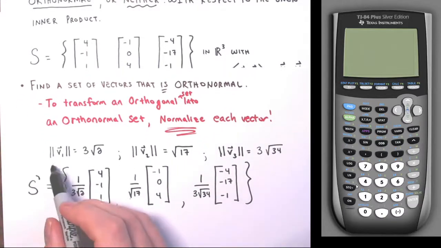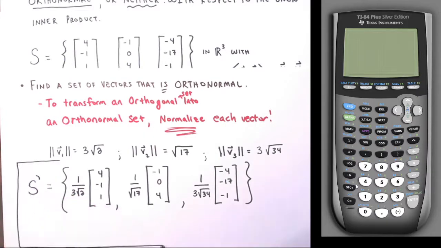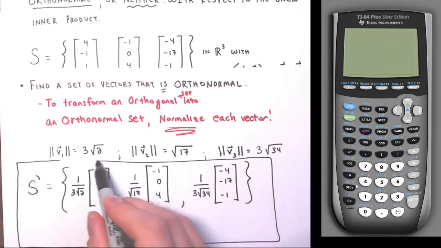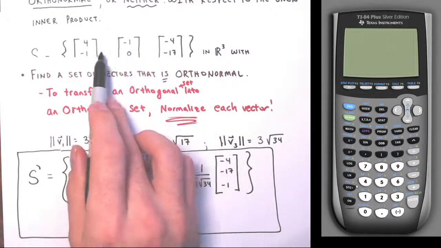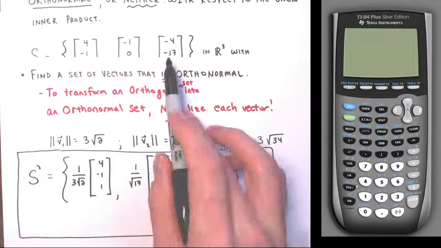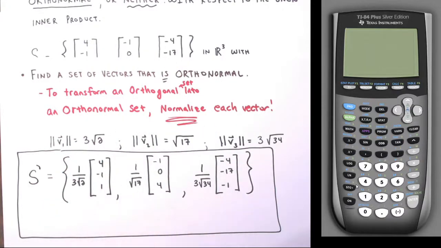So this set of 3 vectors S prime under the dot product: I had a set that was orthogonal already, and I just turned all the vectors into unit vectors. So this is an orthogonal set of unit vectors, otherwise known as an orthonormal set. This set S prime is an orthonormal set. Hopefully that looks pretty simple.